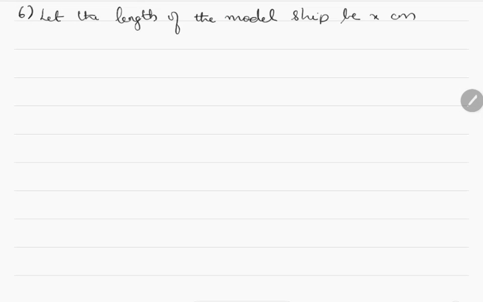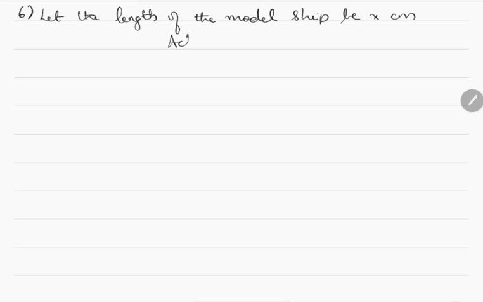Question number 6. In a model of a ship, the mast is 9 centimeter high, while the mast of the actual ship is 12 meter high. If the length of the ship is 28 meter, how long is the model ship? Now here, let the length of the model ship be x centimeter.